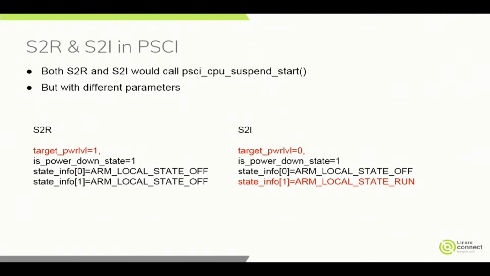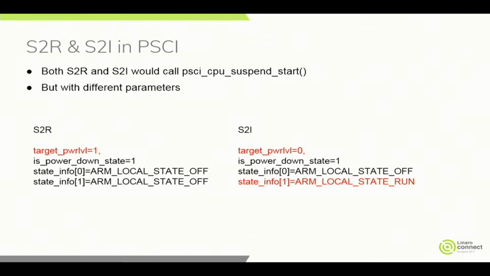Suspend to idle and suspend to run call the same function at the end, but the parameters were not the same if using the property previously configured in the device tree. We can see they have different target power levels. For suspend to idle, the target level was 0.